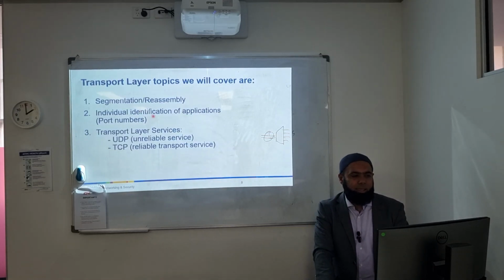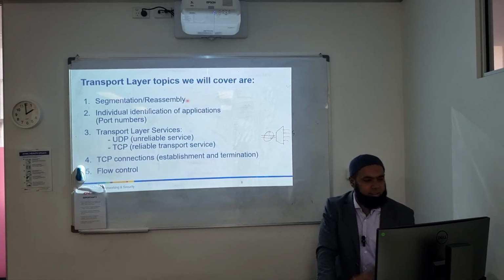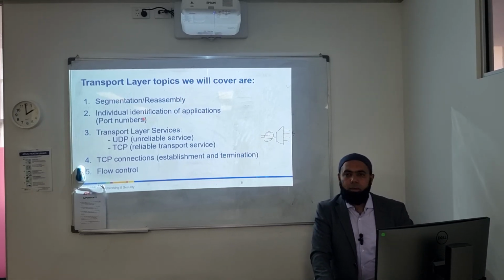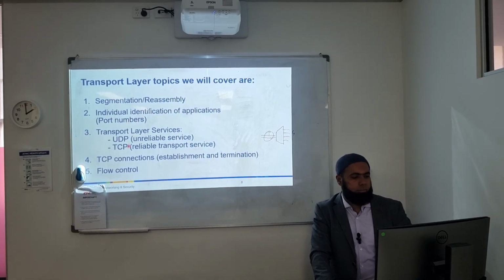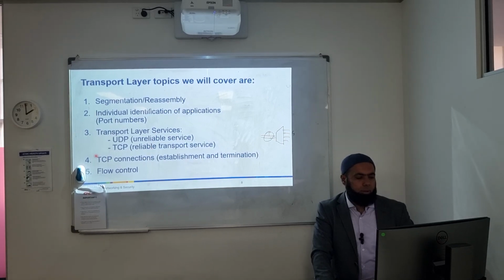So what do we cover in the transport layer? Mainly five things, but if we look closely, there are mainly three. First of all, segmentation and reassembly. Second, individual identification of applications, which is the port number. Third is UDP, TCP, then TCP connections and flow control.